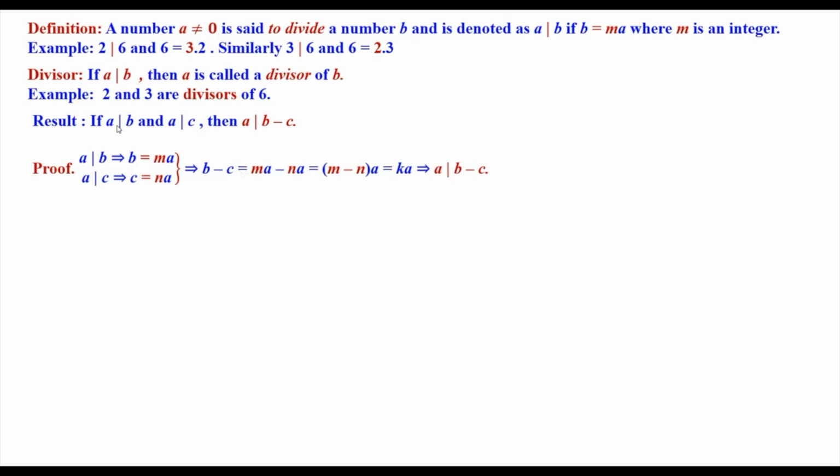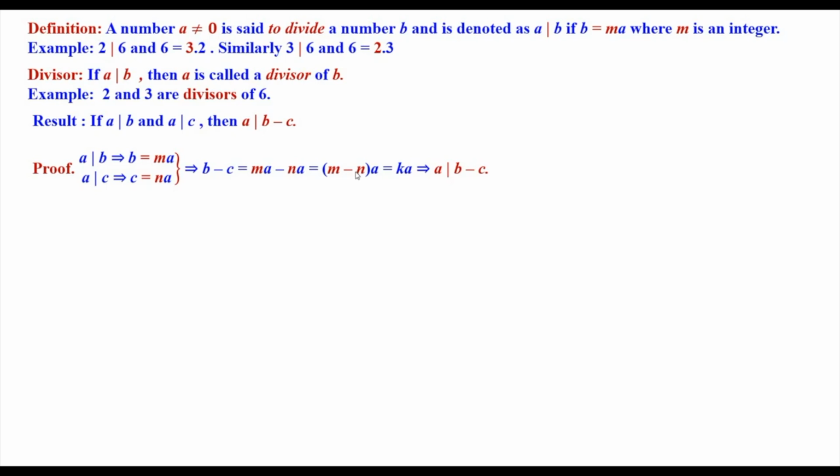Now we are given that a divides b, which means that b is an integer times a, and similarly a divides c means c is an integer times a. Now if we subtract c from b, that gives b minus c is equal to ma minus na.